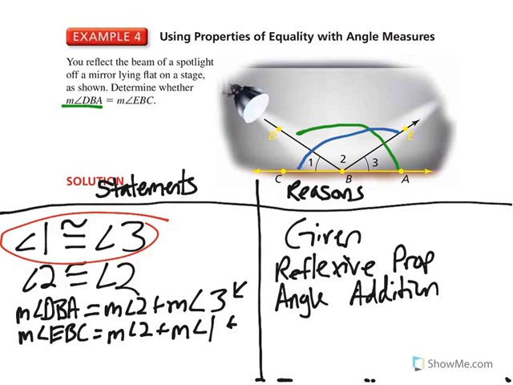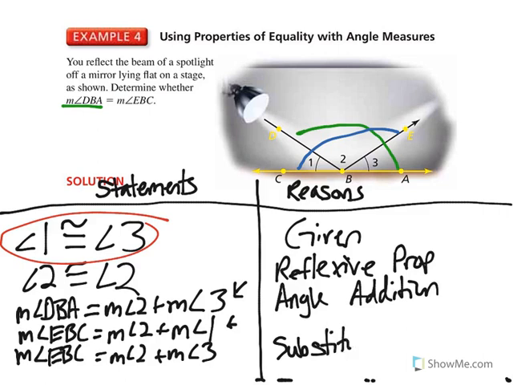So I can write out that the measure of EBC is equal to the measure of angle 2 plus the measure of angle 3. And that would be substitution property.